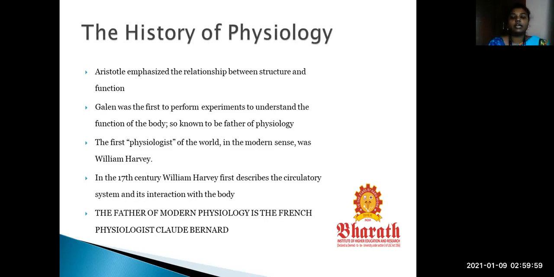In the 17th century, William Harvey described the circulatory system and its interaction with the body: how the blood is circulated, how it is purified, and how the purified blood is pumped throughout our body.